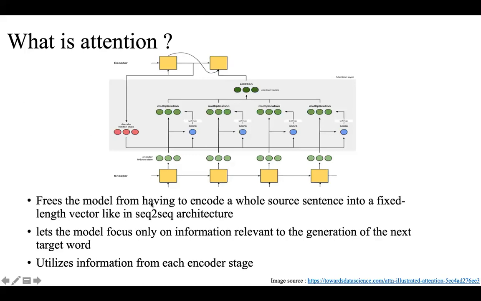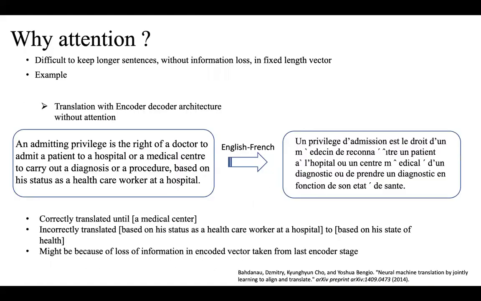So it basically frees the model from having to encode the whole source sentence into a fixed length vector, and lets the model focus only on the relevant information. Regarding architecture, I will talk on that in a later slide.